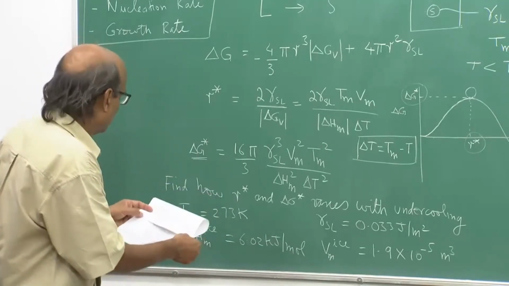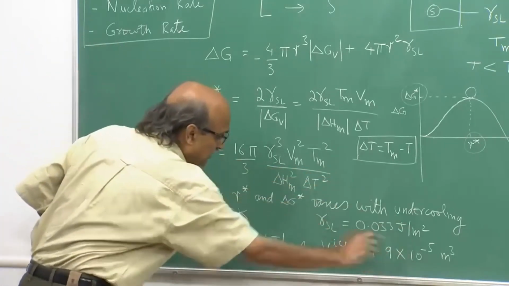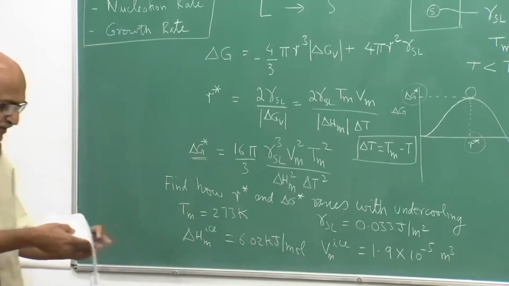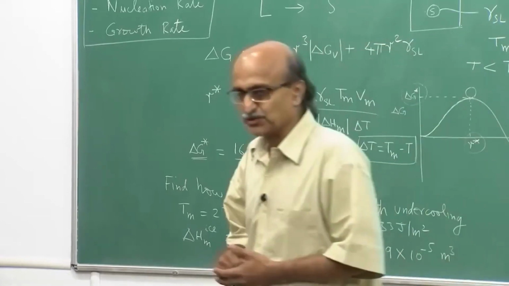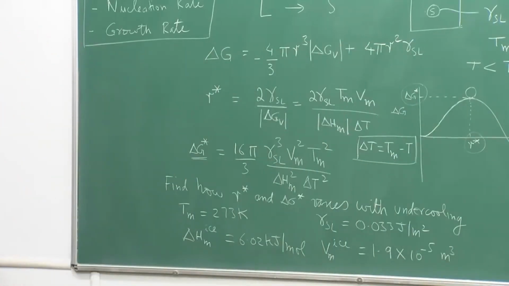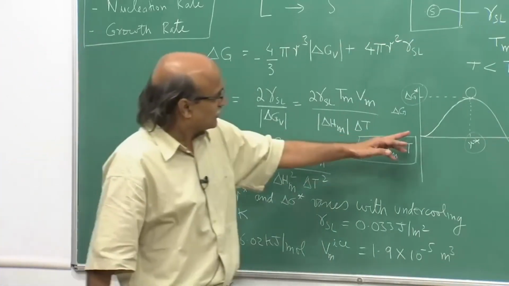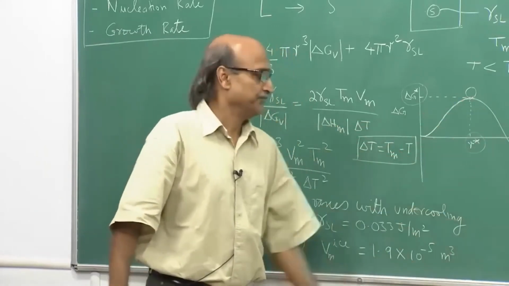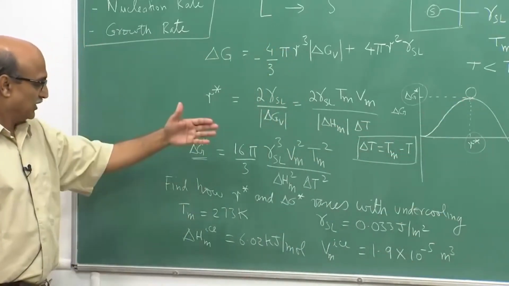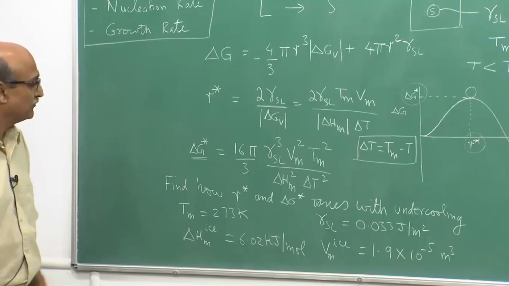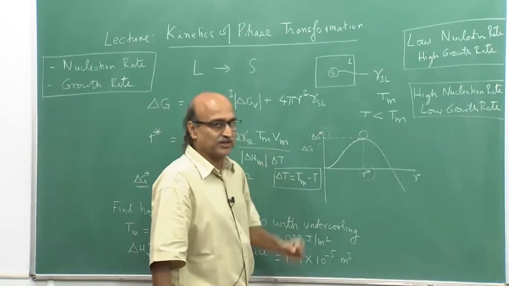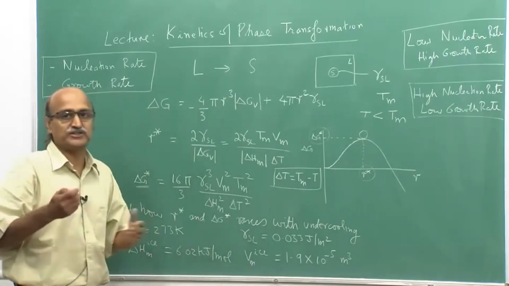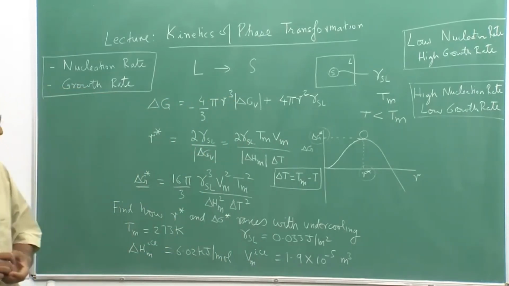And using this data, what we are going to do first, we are first going to examine in a little bit more detail than what was done earlier, how the nature of this curve changes with undercooling, which means how R star and delta G star shift as I change the transformation temperature.